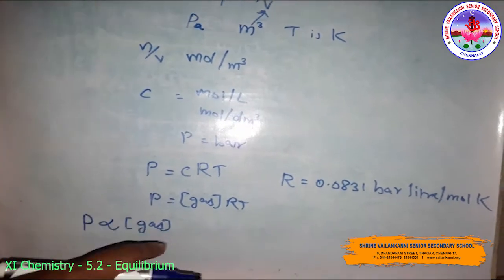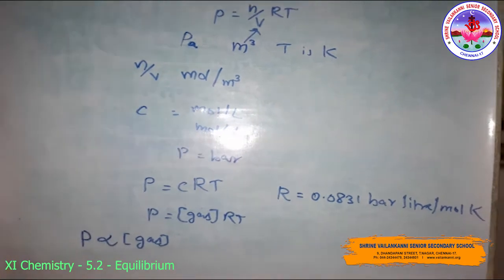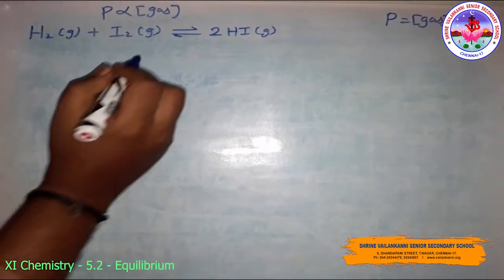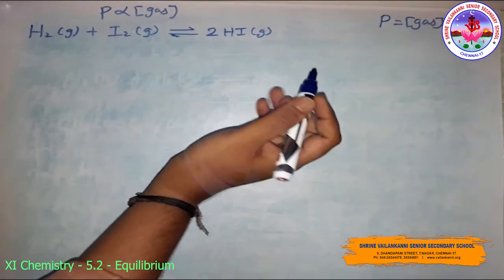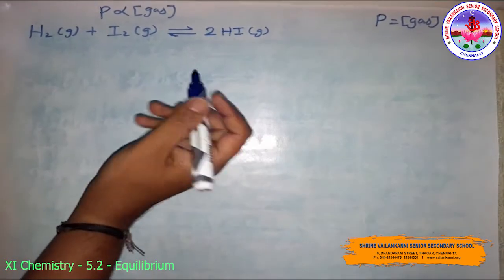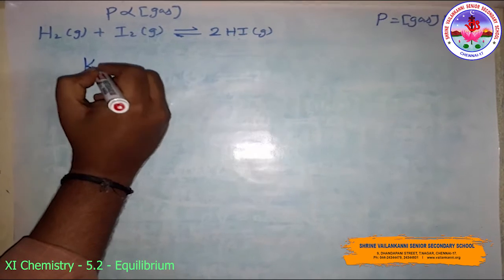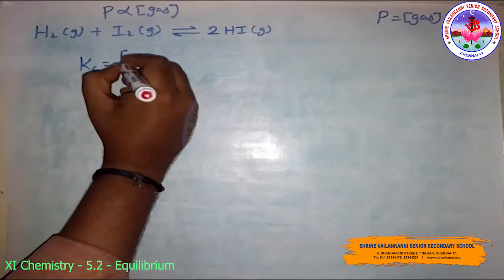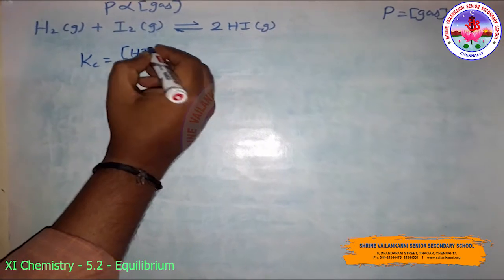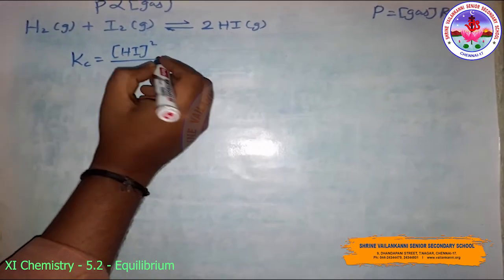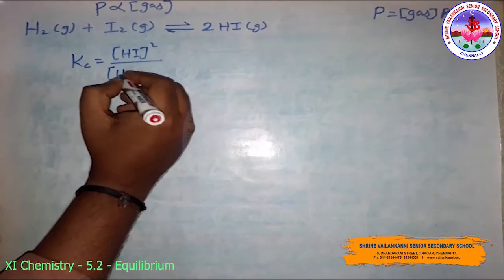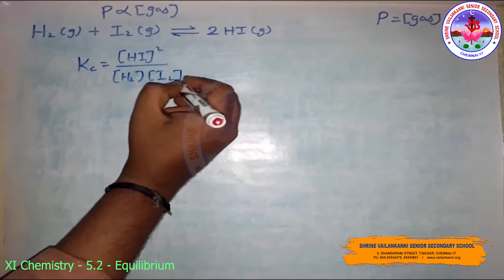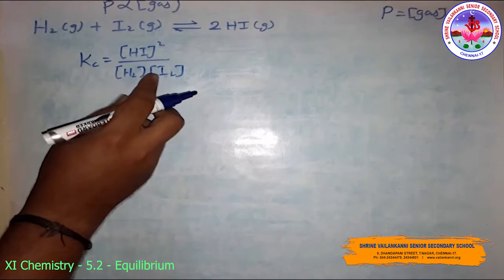So for a reaction in equilibrium, look at this reaction: hydrogen gas reacts with iodine to form hydrogen iodide gas. We can write Kc as product divided by reactant. The concentration of hydrogen iodide squared, divided by the concentration of hydrogen times the concentration of iodine, everything in the gaseous phase.